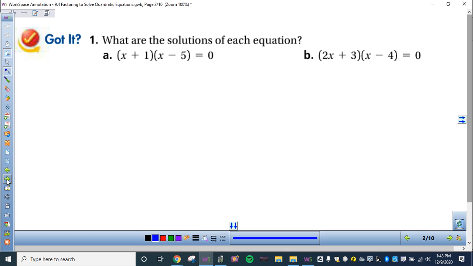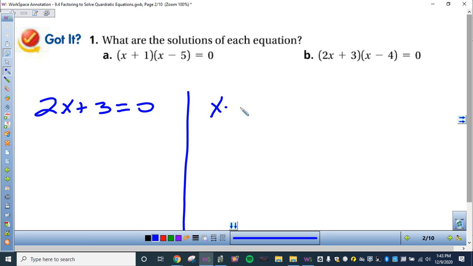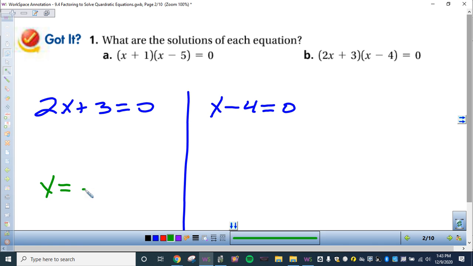Okay, so I'm going to have you try B on your own. So you're going to take 2x plus 3, set it equal to 0, solve for x, and then x minus 4, set it equal to 0, and solve for x. And I'll tell you what you should get before you even begin.